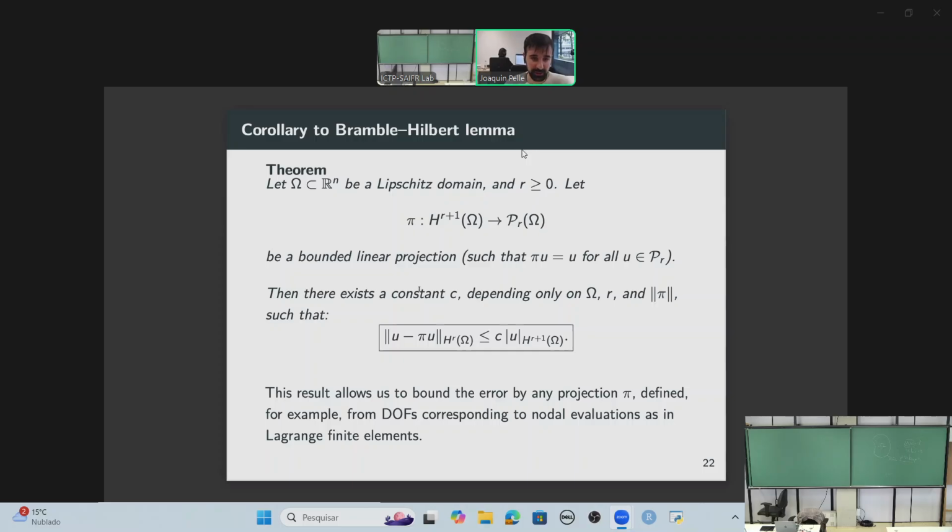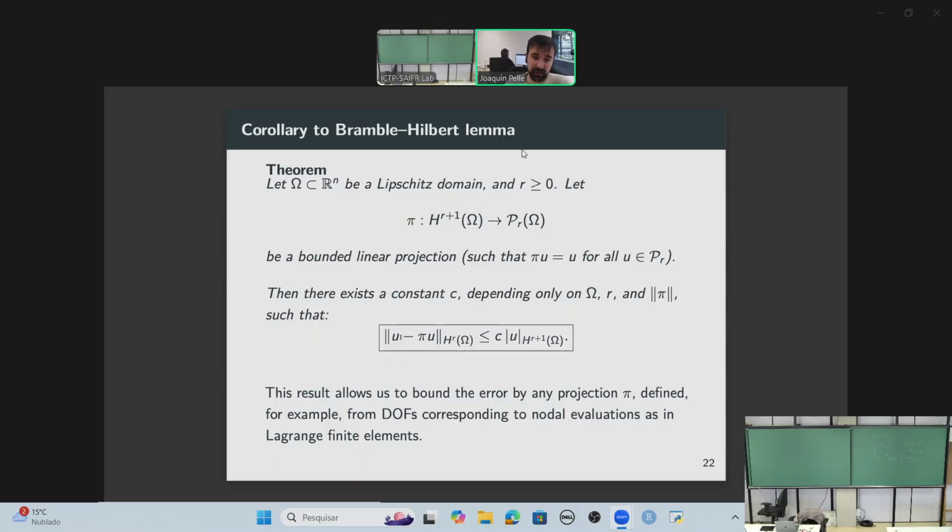So then we can guarantee that there is a constant c, which depends only on the domain and on r, and in this case also on the norm of the projection, such that this property holds here, which is very similar to the Bramble-Hilbert lemma.